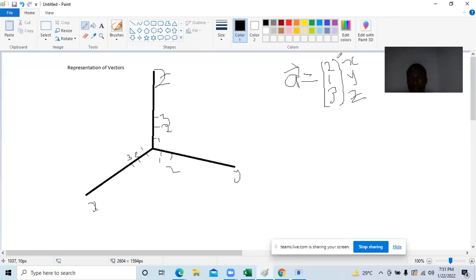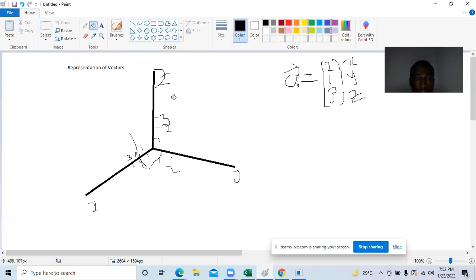Sorry, let me do y first. We have 1 on the y-axis, 2 on the x-axis. Then we have 3 on the z-axis.